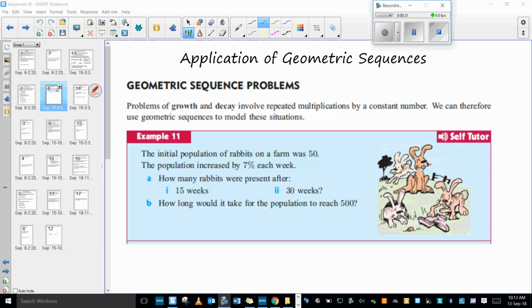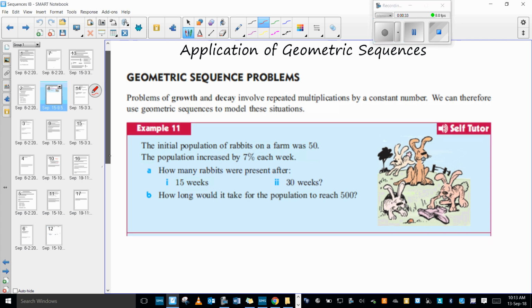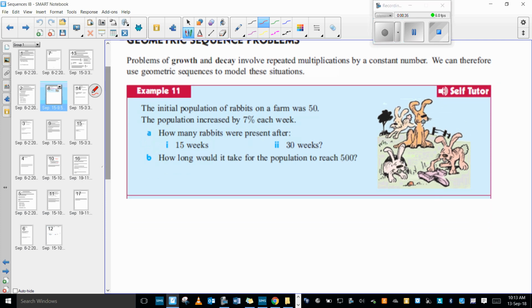So this question here says the initial population of rabbits on the farm was 50. The population increased by 7% each week. How many rabbits were present after 15 weeks? So if we look at A, the population is increasing by 7% each week. How would we increase the number by 7%?